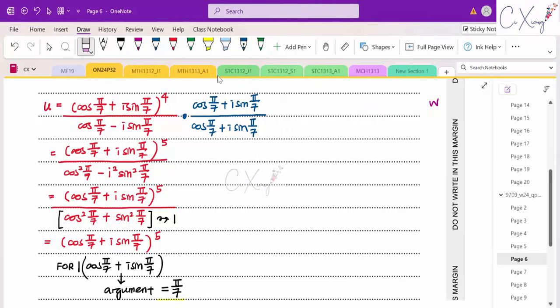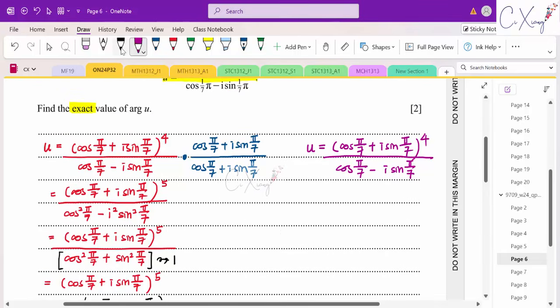If I want to get the argument of u, I assume that I'm having one complex number on top divided by one complex number at the bottom. Let's have a look at the complex number on top.